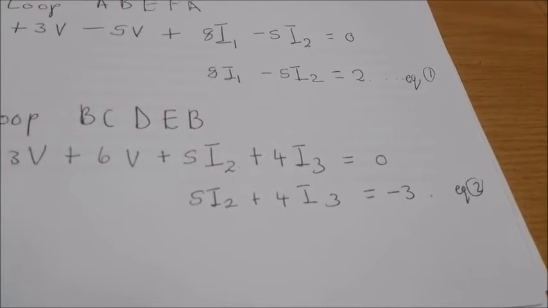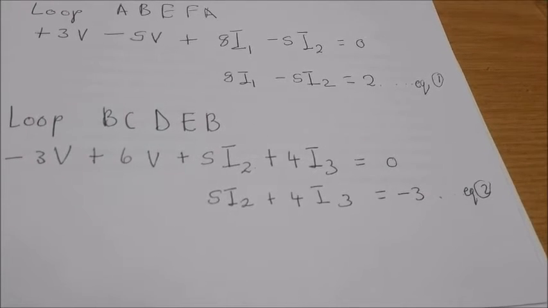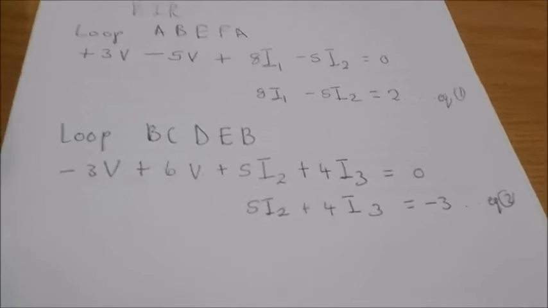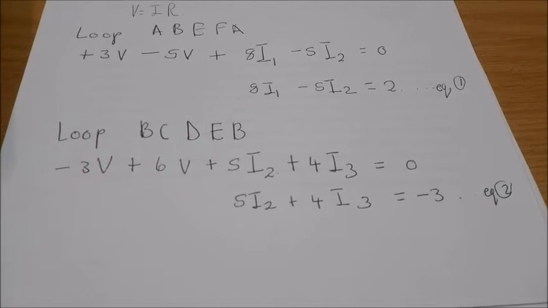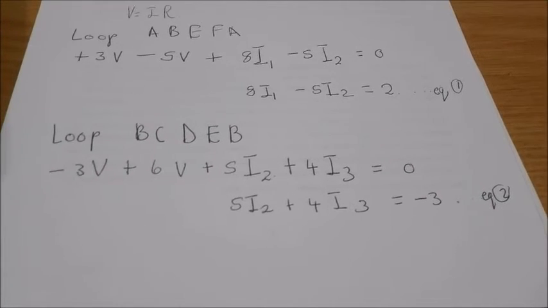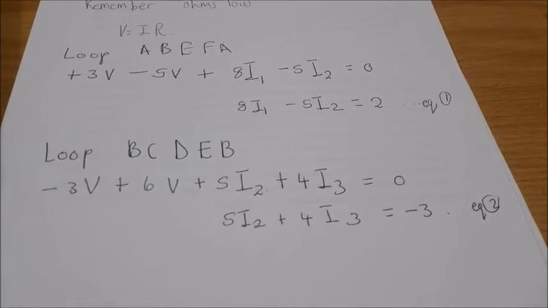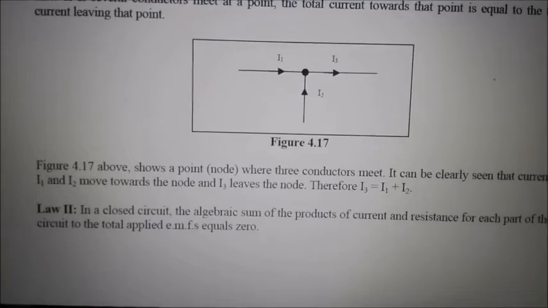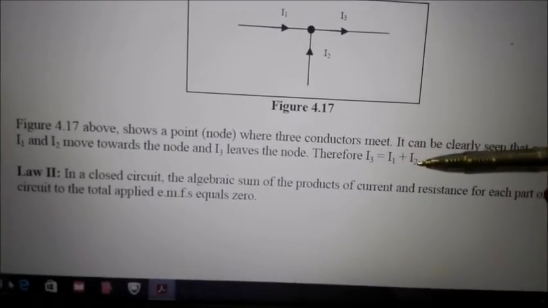However, there's two equations and 3 unknowns, which won't work. So we need to find a derivative for the I3. What we know from Kirchhoff's first law is that I3 is equal to I1 plus I2. So if we go back to the notes, we can see that from Kirchhoff's first law, I3 is equal to I1 plus I2.